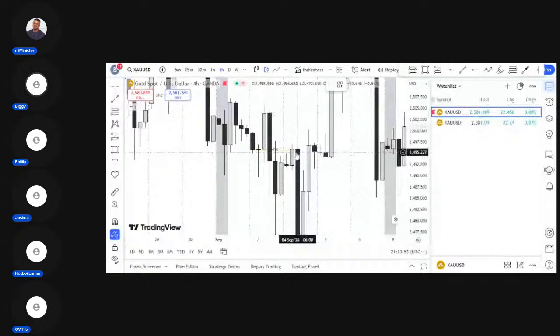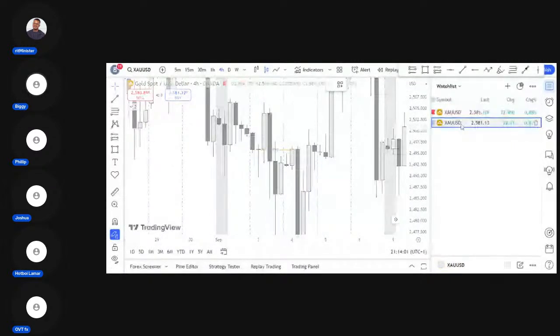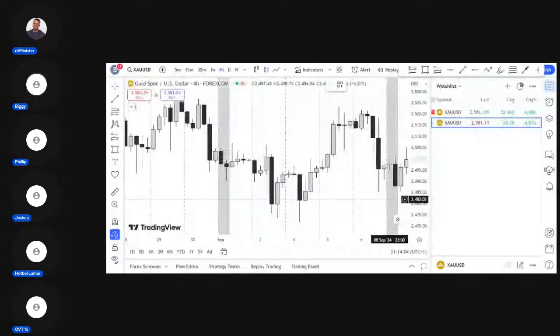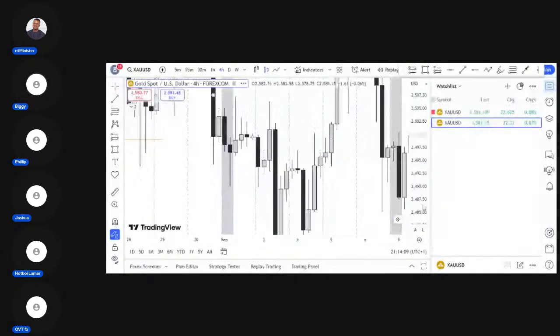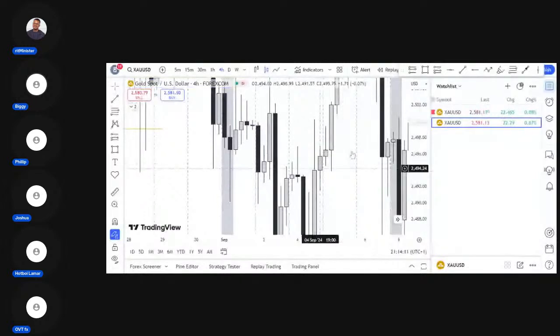But since on Oanda we violated the zone, I needed to confirm that the zone was truly violated. So I went down to forex.com. When I went down to forex.com, that was when I saw that that violation was a lie. It didn't actually violate the zone. It respected it.